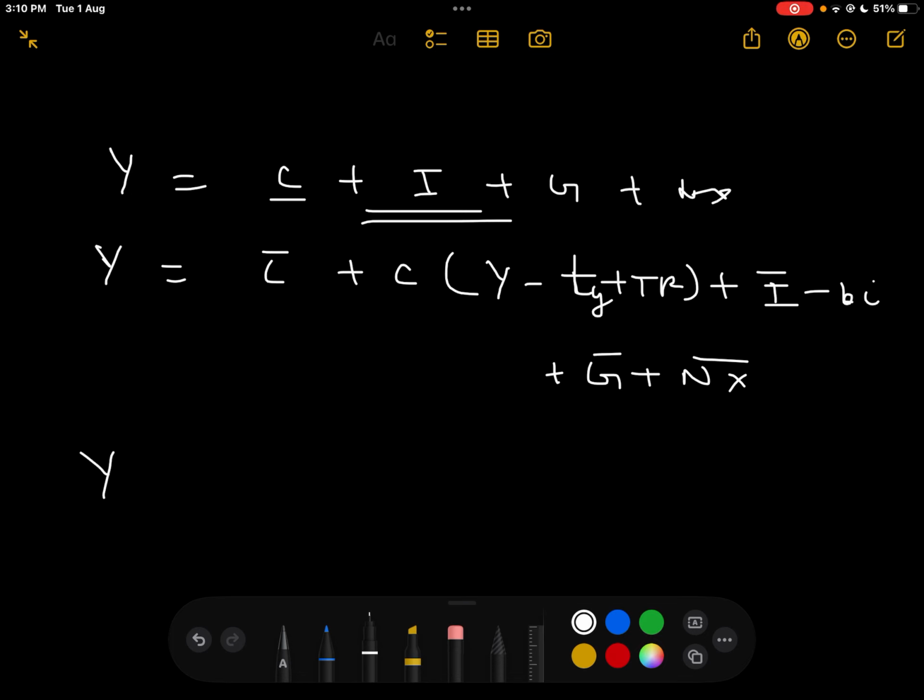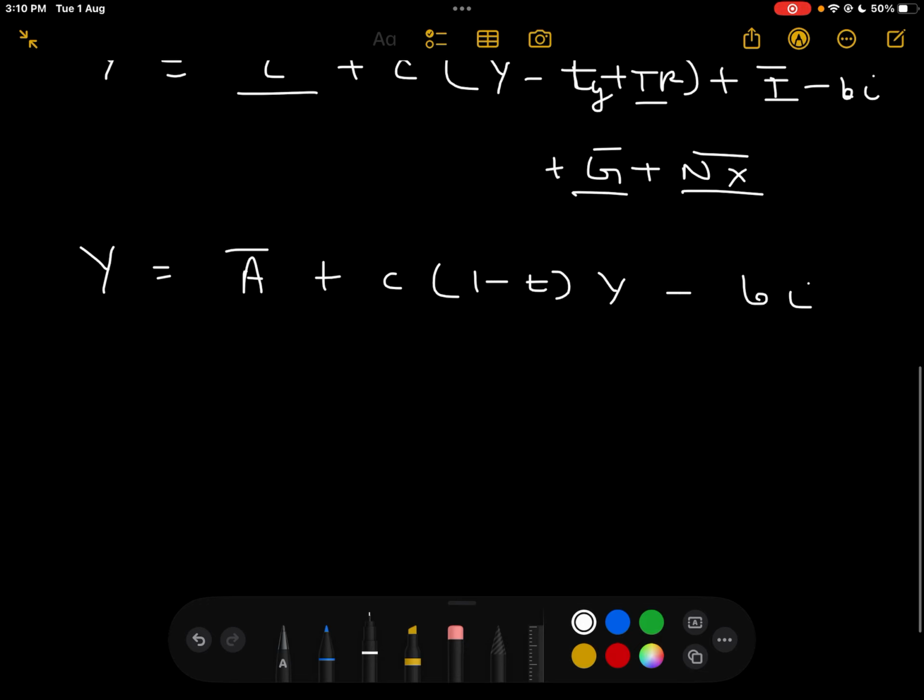So if we further solve this, our final equation will be A bar, where all the autonomous components, which are C bar, G bar, NX bar, and TR bar, are together, plus c times (1 minus t) y minus bi. Fine. So this will be our equation.